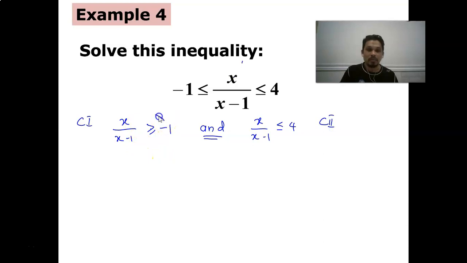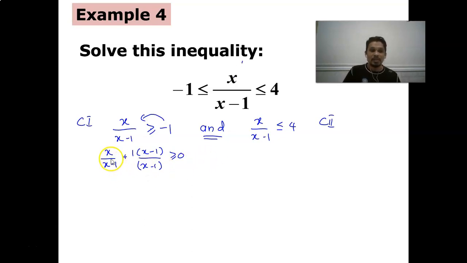Let's try. For case number 1, we bring this to the left side. X divided by x minus 1, negative 1 brought here becomes positive 1. Multiplying with the denominator, x minus 1 divided by x minus 1, greater than or equal to 0.